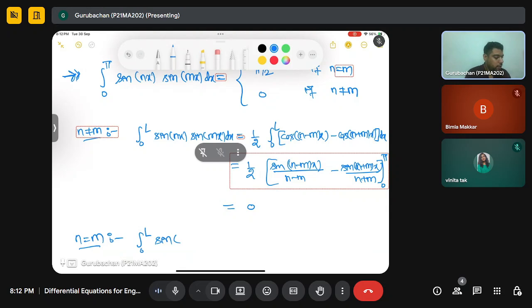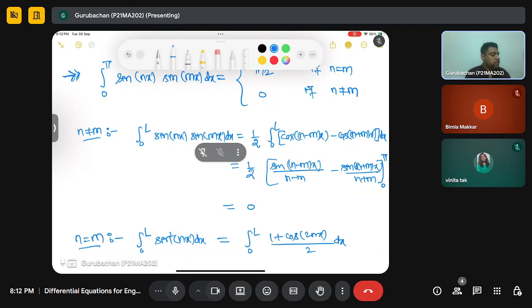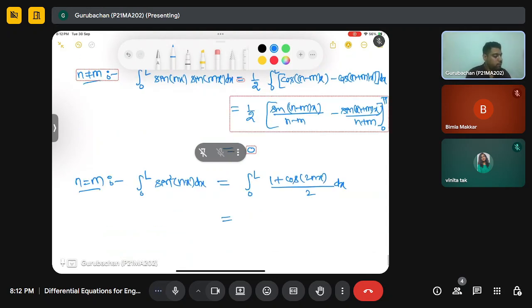sine squared nx dx will be the integral 0 to L of (1 plus cos 2nx) divided by 2 dx, and this will give you x by 2 plus sine 2nx divided by 4n, from 0 to pi.